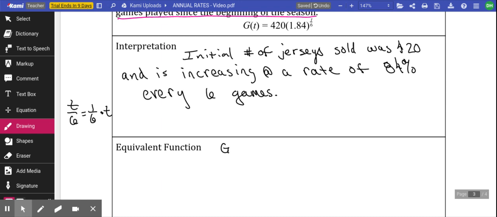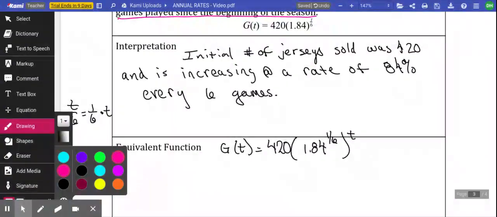So g of t is going to be 420 times 1.84 raised to the 1/6 power, in parentheses, raised to the t. So then all I've got to worry about now is plugging the 1.84 to the 1/6 into my calculator, and we'll try to round that to 4 decimal places once again. 1.84 raised to the 1 divided by 6 power.